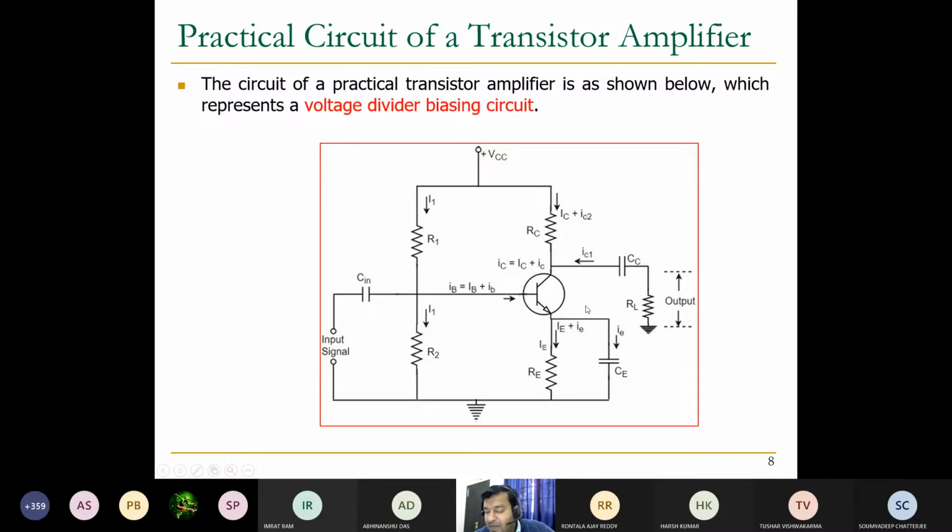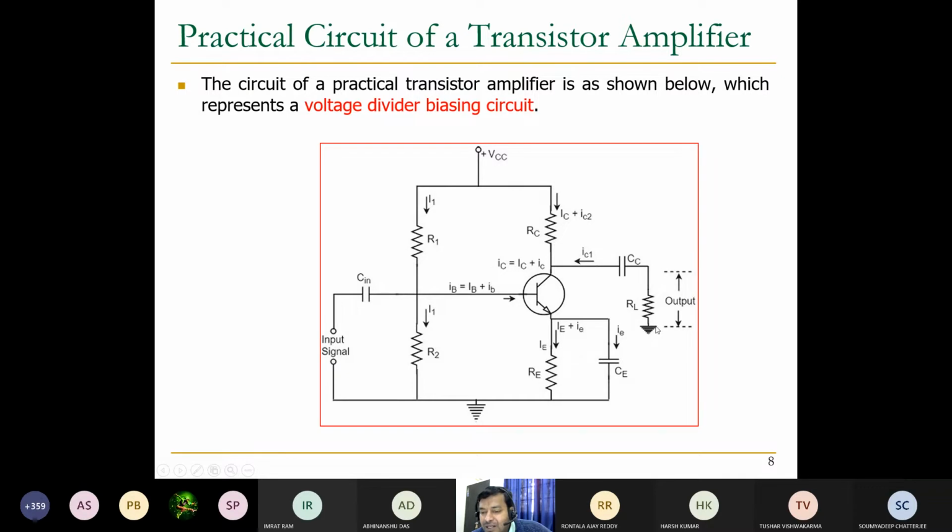Apart from the NPN transistor, across the collector there is a resistance RC, at the emitter RE, and across the base R1 and R2. This is the input signal, and there is an extra capacitor we are adding here, that is C in. At the output there is another capacitor, that is CC or coupling capacitor, and the output load.